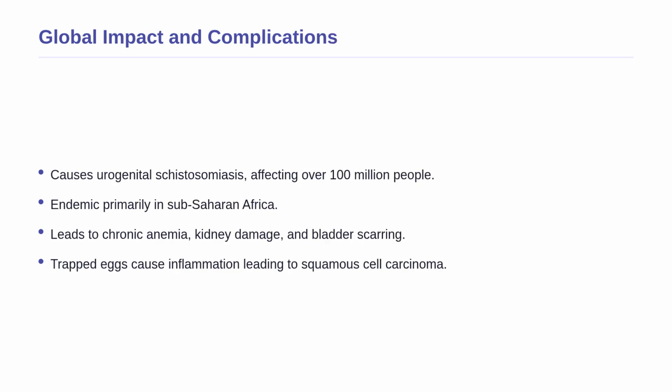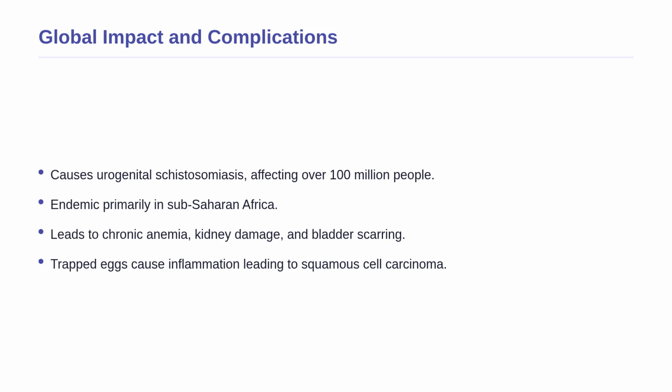This microscopic damage leads us to a massive global health crisis. Schistosoma haematobium is responsible for urogenital schistosomiasis, a devastating tropical disease affecting over 100 million people, primarily in sub-Saharan Africa. If left untreated, the constant bleeding leads to chronic anemia.